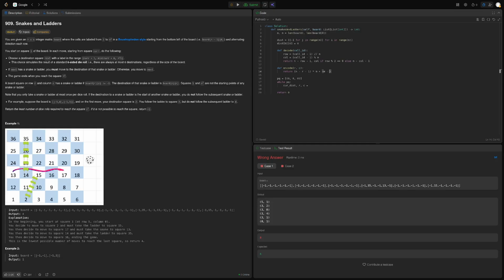So columns minus col. Print encode 5 1, 3 2, 3 3, 0 3, 4 0, 1.